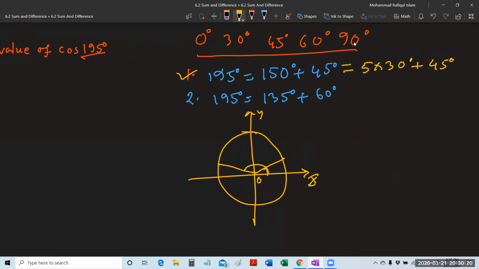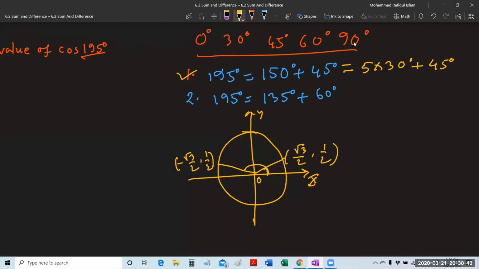So this is the angle 150 degrees. For 30 degrees the coordinate is root 3 over 2 comma 1 half. Using the symmetric property, the coordinate of 150 degrees would be negative root 3 over 2 comma 1 half.